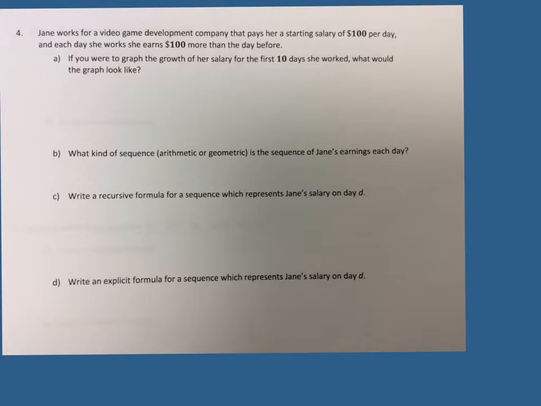All right, well, I'm just going to make a sketch of this. So we're going to have, really we just need a positive portion of the x-axis and a positive portion of the y-axis, right? Because the x-axis is going to represent days, and the y-axis is going to represent the amount of money she makes. Now, I'm going to make a small graph, so I'm not really going to fit everything on here, but let me just do the best I can.